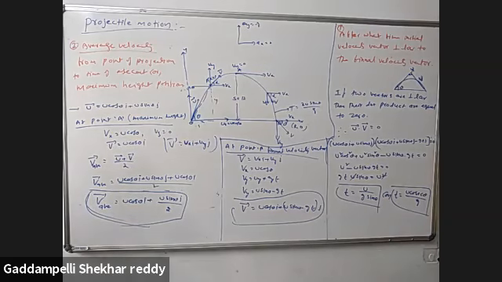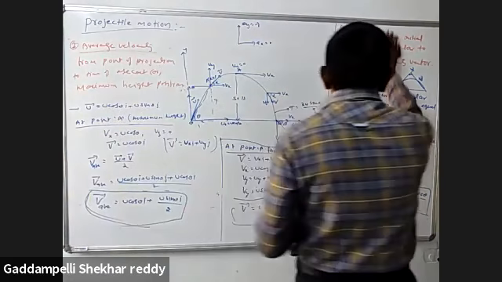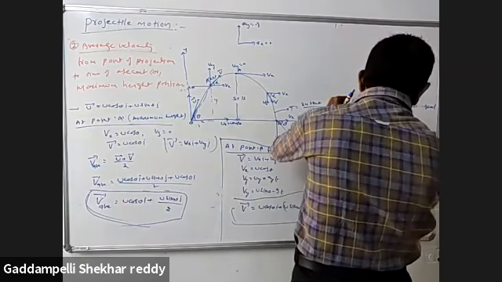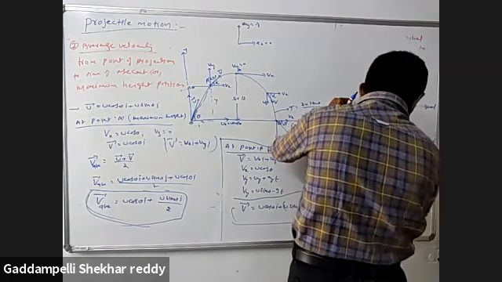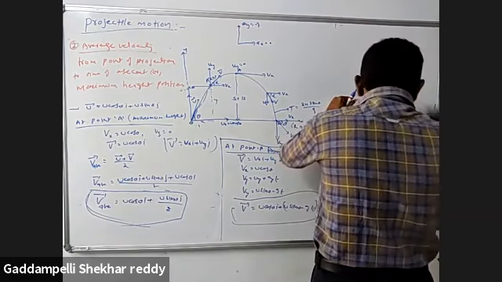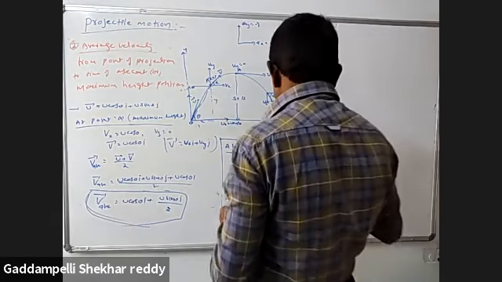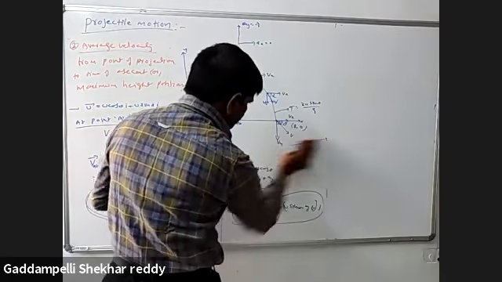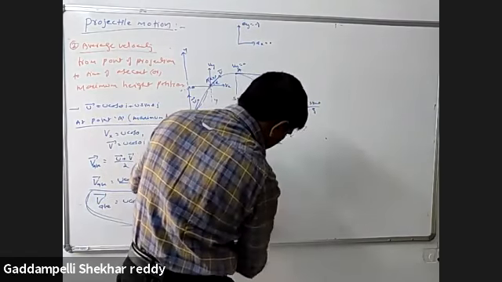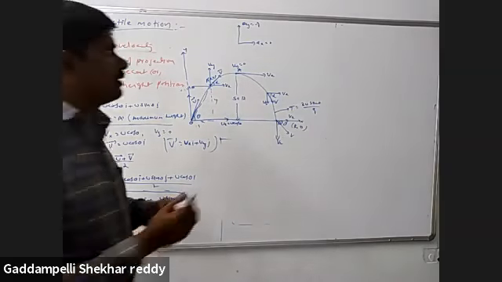So here the magnitude of average velocity.